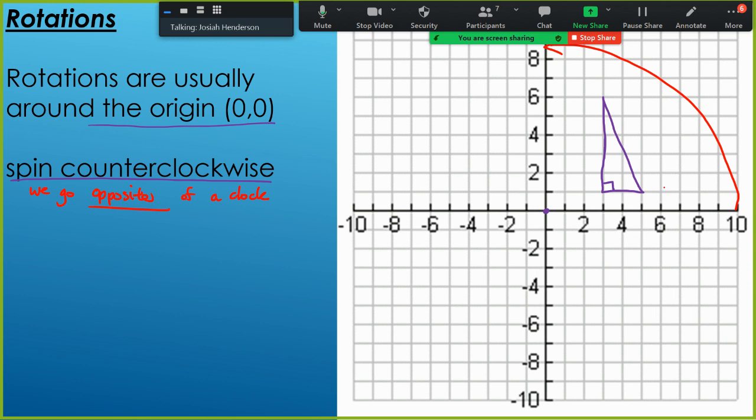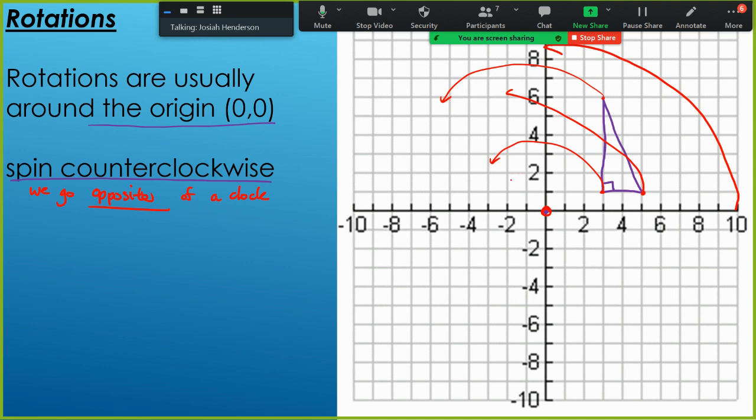So every point that first existed originally, like my purple triangle, this is going to move somewhere over here, and this one moves somewhere over here, and this one moves somewhere over here, around that central point that's holding steady, that's staying still.